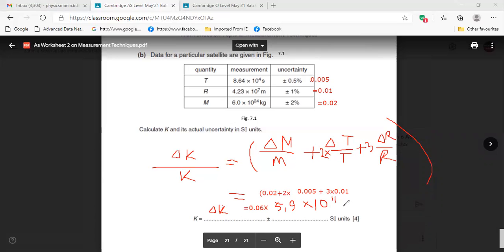We have 3.54 times 10 to the power 10. Okay, then you have here for k the value 5.9 into 10 to the power 11. Yes, sir, 11.